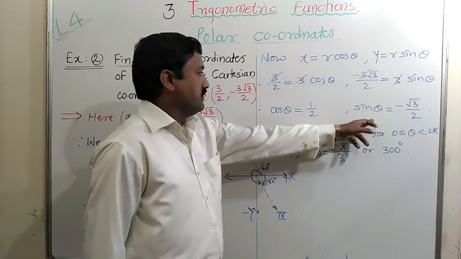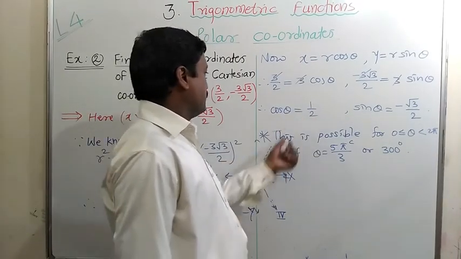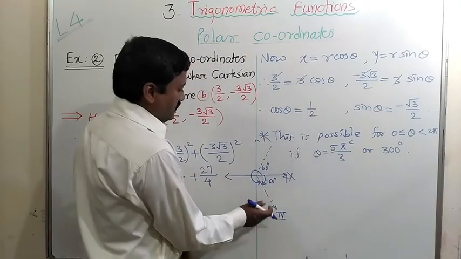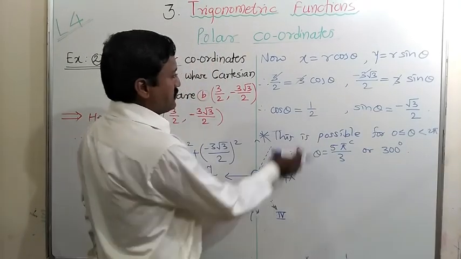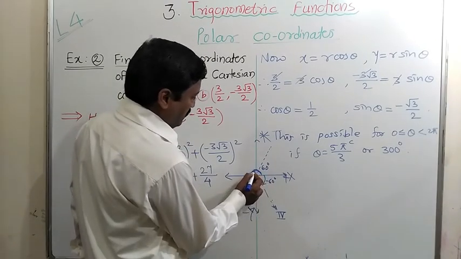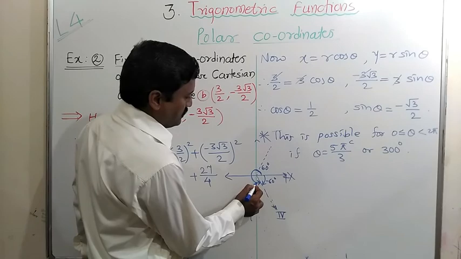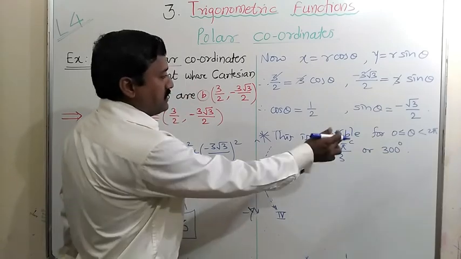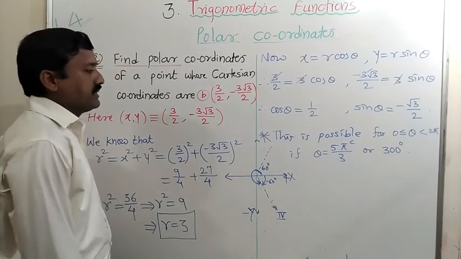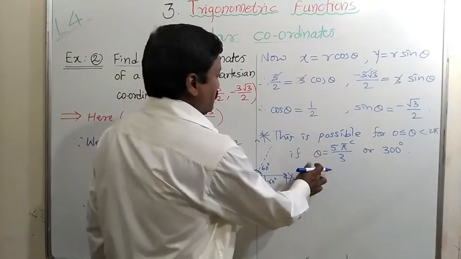In the first quadrant, angle 60 degrees satisfies these two trigonometric equations, so its image, that is minus 60, will give us these two values. That angle is 90 plus 90, 180, plus 90, 270, plus 30, that is 300, and 300 is nothing but 5 pi by 3 radian. So theta is equal to this much.